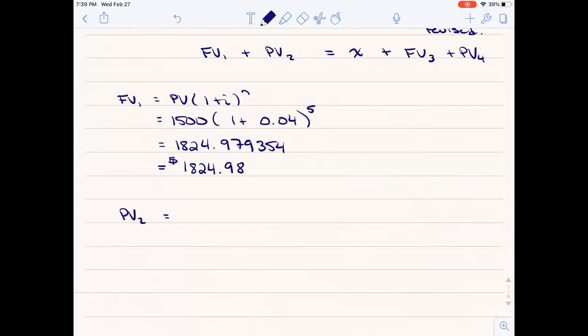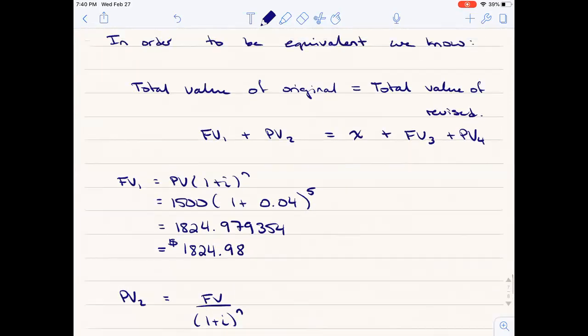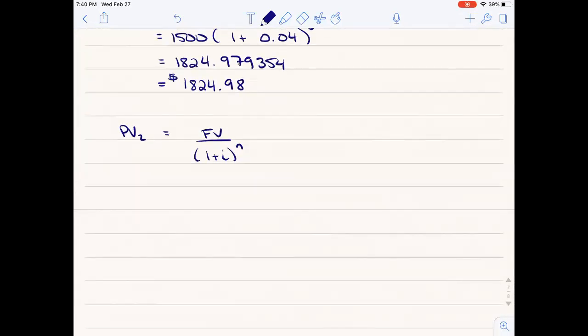Moving on to present value 2. And again, we can use the formulas on the formula sheets because they're given to us. So the present value is the future value over 1 plus i to the power of n. For present value 2, the future value is 2,500. So we've got 2,500 over 1 plus 0.04 to the power of n, which we found was 3.